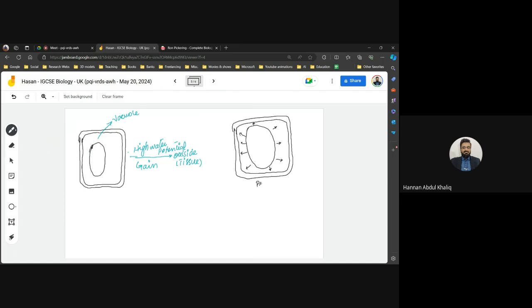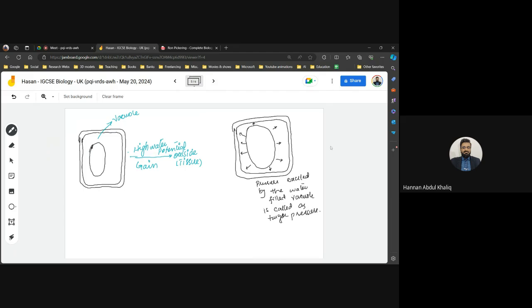This pressure exerted by the water filled vacuole is called turgor pressure.